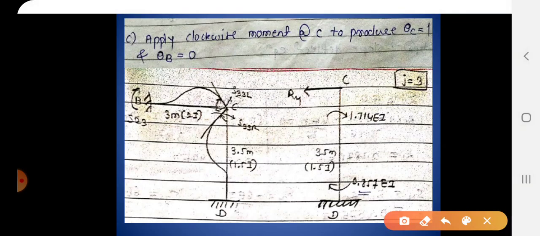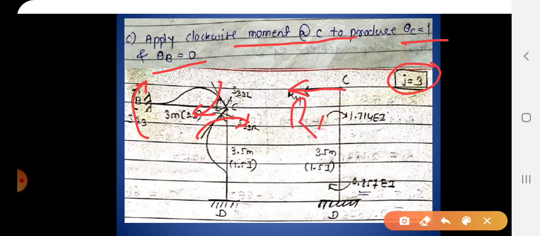Then go to part C. Our third redundant is theta C. Therefore, apply a clockwise moment at C to produce theta C equal to 1 and theta B equal to 0. J is equal to 3, being part third. So this will be clockwise moment S33L, S33R, S23 moment at B, and S33, yes, this will be R4.